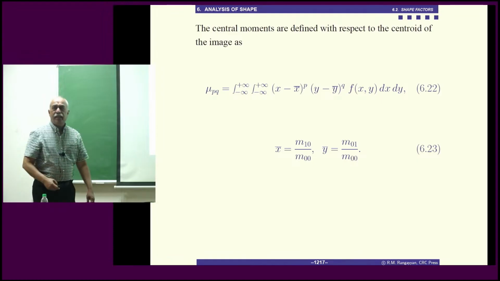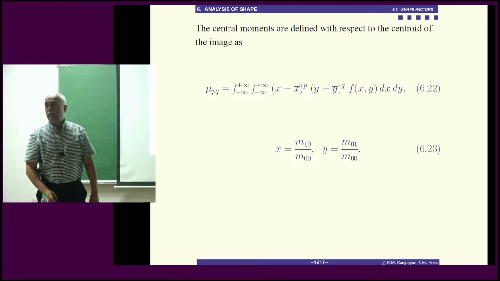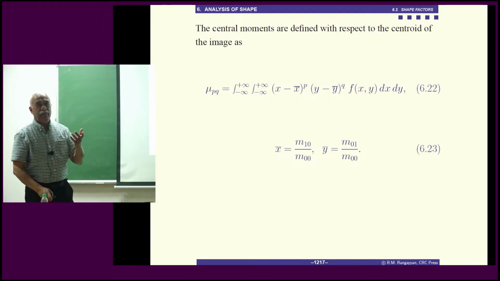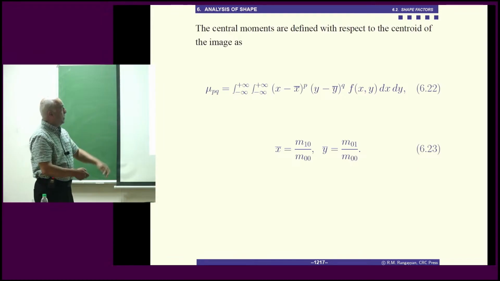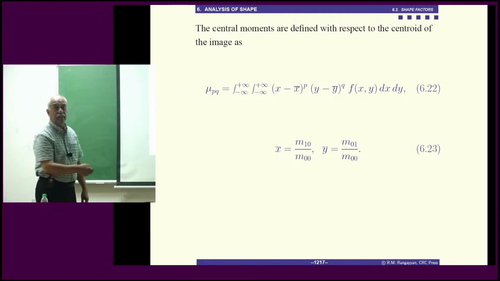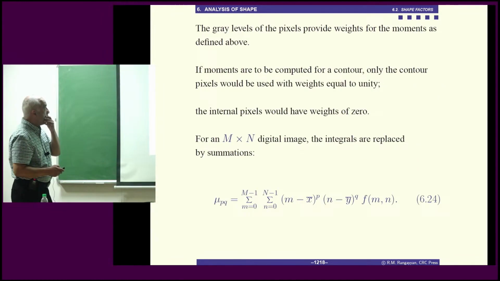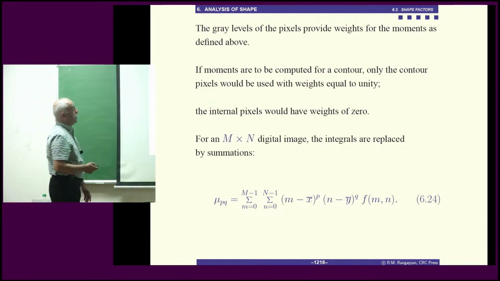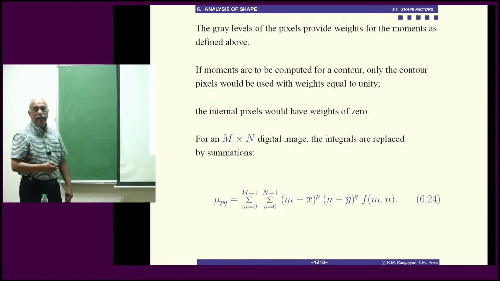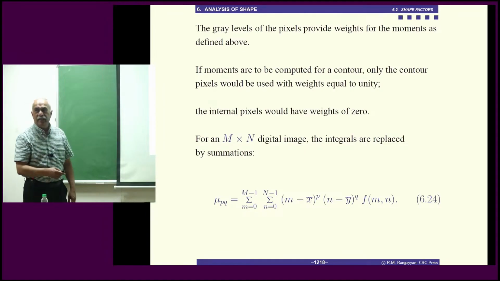So it's like a PDF. Essentially, you're treating the image f(x,y) as a PDF. There is no normalization here, but normalization comes here. So the gray levels of the pixels provide weights for the moments, and you have the coordinates to the power of p and q. For a digital image, the same thing, just replace the integral by summation.